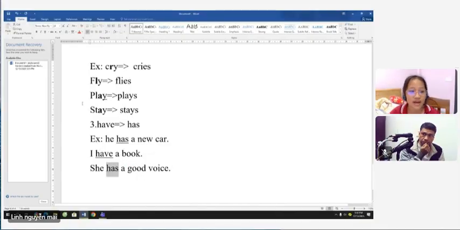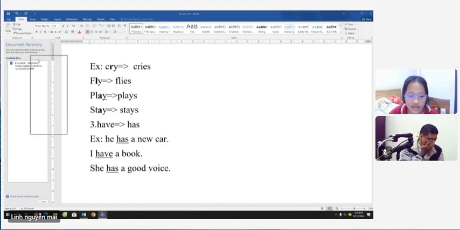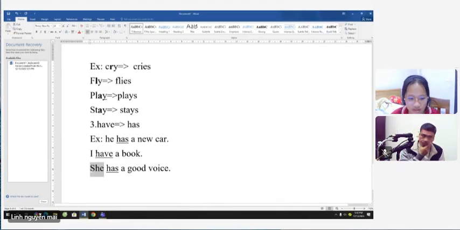Here, we have has, okay? Because she is a singular noun. That is quite different from this one. A singular noun is just one, so we must change the verb have, okay?